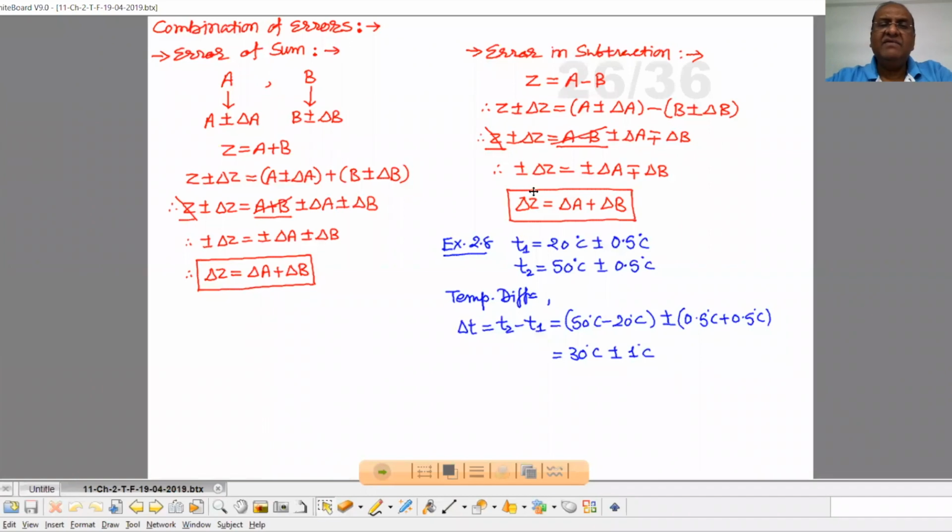So resultantly we get plus or minus delta Z equal to plus or minus delta A minus plus delta B. Clear to all of you?